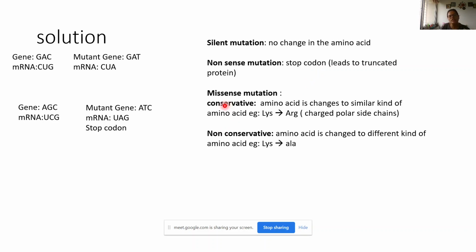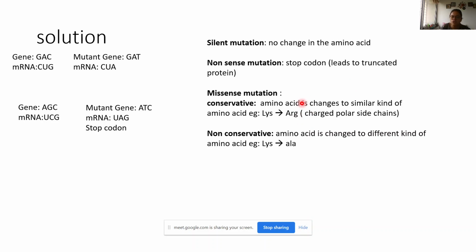And then there is missense mutation. Here, an amino acid will be replaced by another kind of amino acid. Missense mutations are of two types. Suppose there is a particular sequence that is coding for lysine. Now, due to a point mutation, it is coding for arginine.